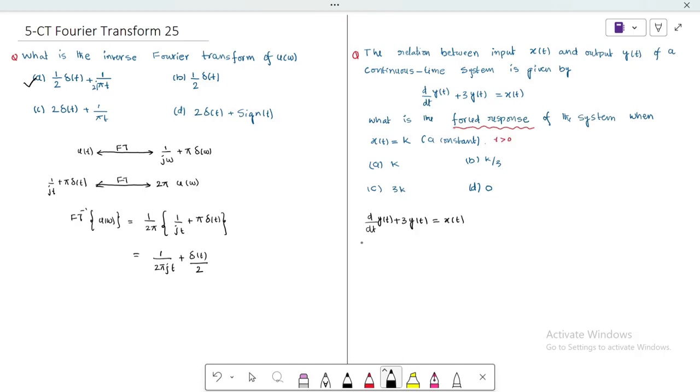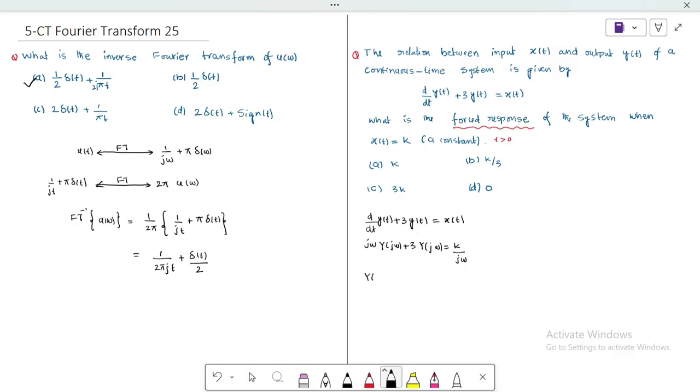Now, first apply the Fourier transform: j omega Y of j omega plus 3 into Y of j omega equals X of j omega. X of t is a unit step, so its Fourier transform equals k by j omega.